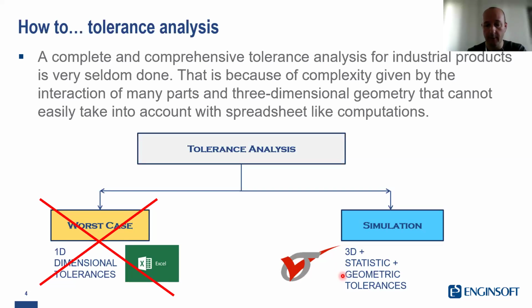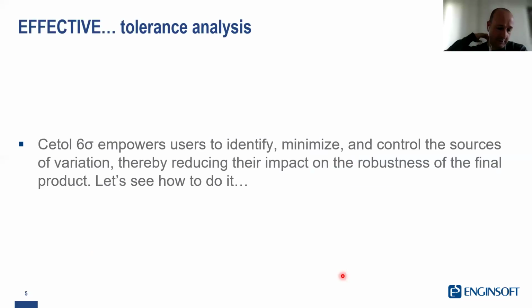This is the only way to obtain reliable results. And in this particular case, the only way to perform the simulation is to use a software, because otherwise you cannot perform this type of calculation without a software.